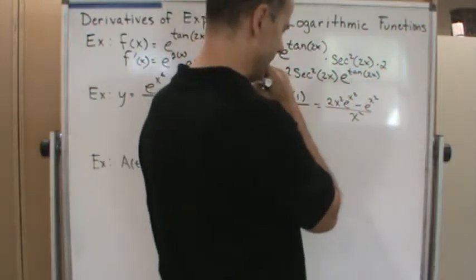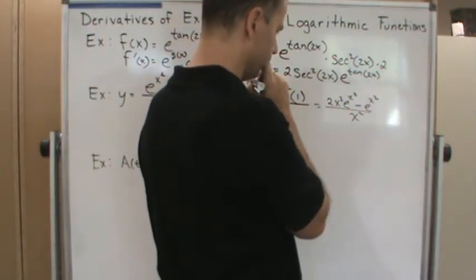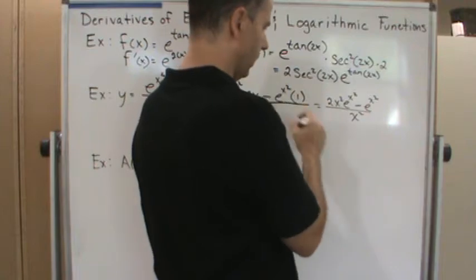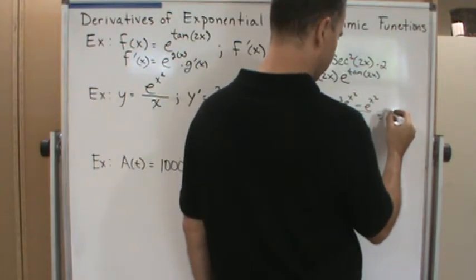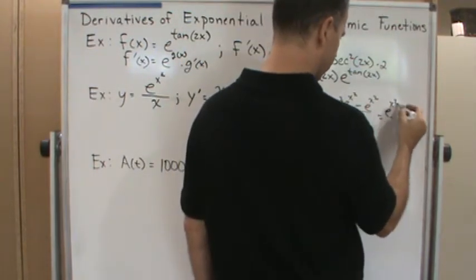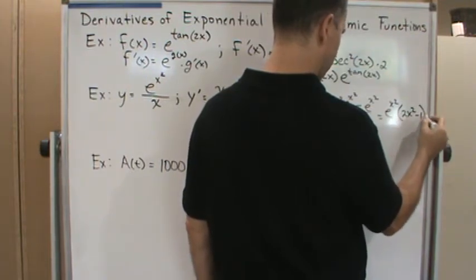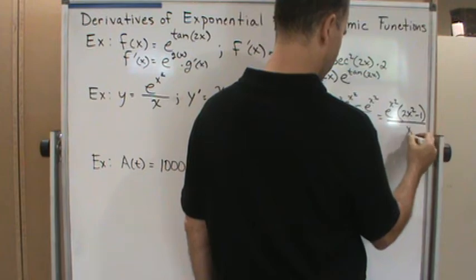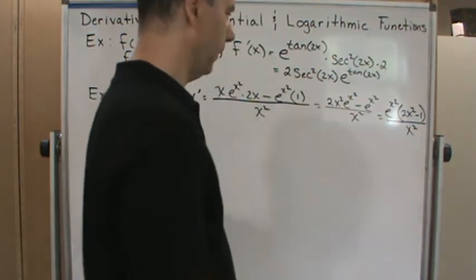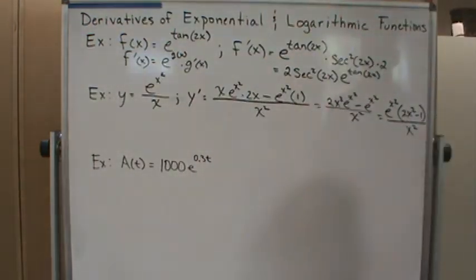Let me see. Let's factor out e to the x squared. So that's going to give us 2x squared minus 1 over x squared. And what does that give us?